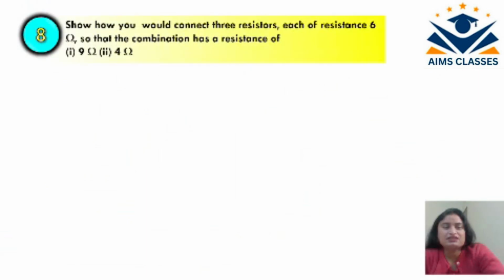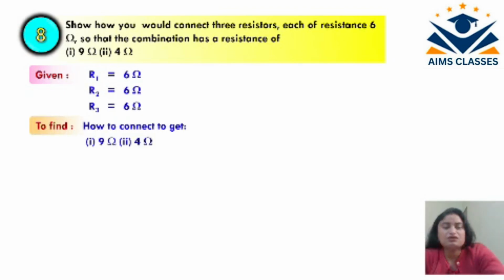And next 8. How would you connect 3 resistors, each of resistance 6 ohm, so that the combination has a resistance of 9 ohm and 4 ohm? So R1 equal to 6 ohm, R2 equal to 6 ohm, R3 equal to 6 ohm. So how to connect?